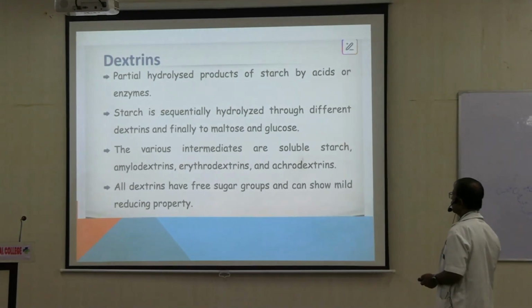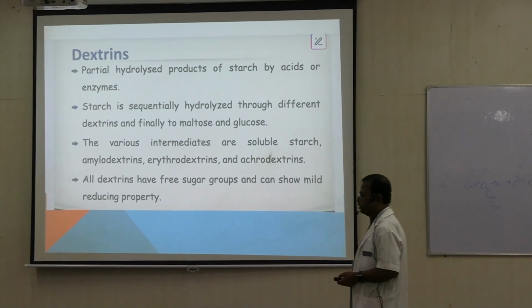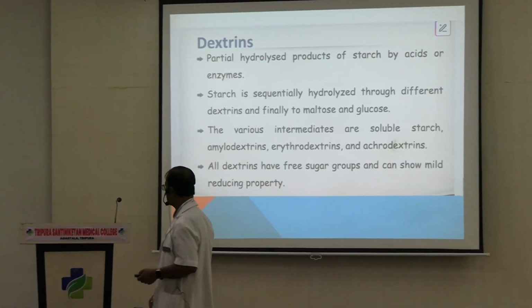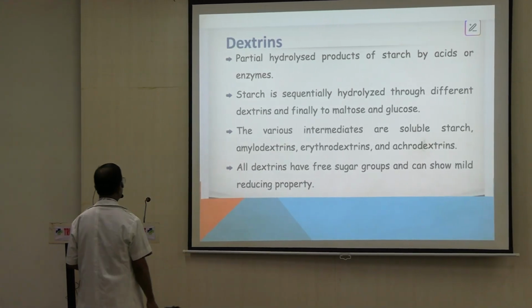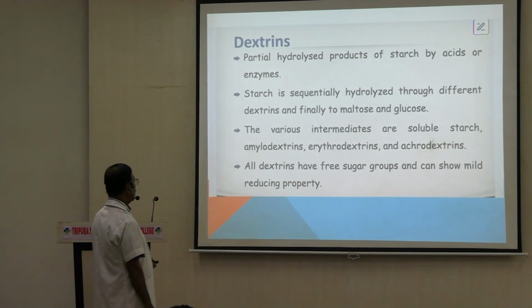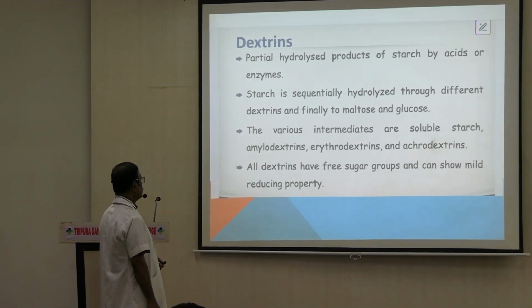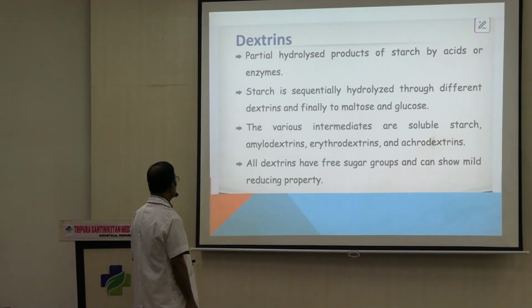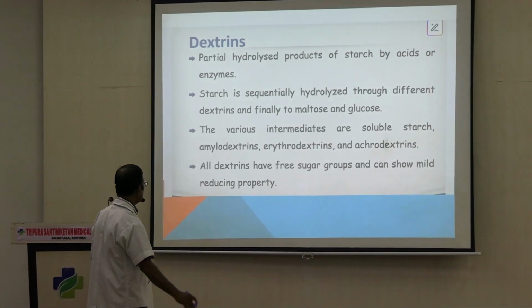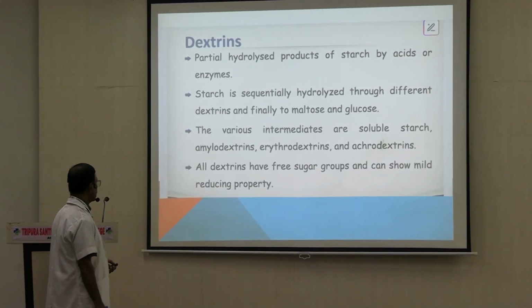Dextrins are partially hydrolyzed products of starch by acids or enzymes. Starch is sequentially hydrolyzed through different dextrins and finally to maltose and glucose. The various intermediates are soluble starch, amylodextrin, erythrodextrin and acrodextrin. These are the intermediate digestive products.